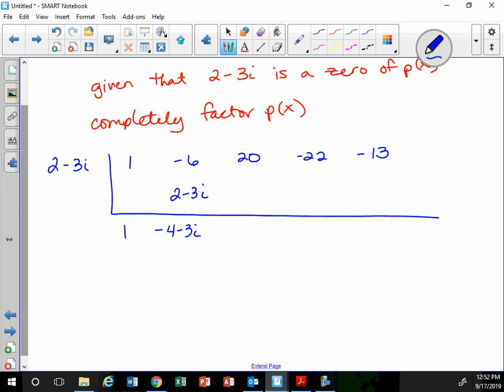Yeah, like you know this is going to end up being 0. Yeah. And this has to be 13. Yes. I'm going to multiply off to the side here. See if I add it right here.